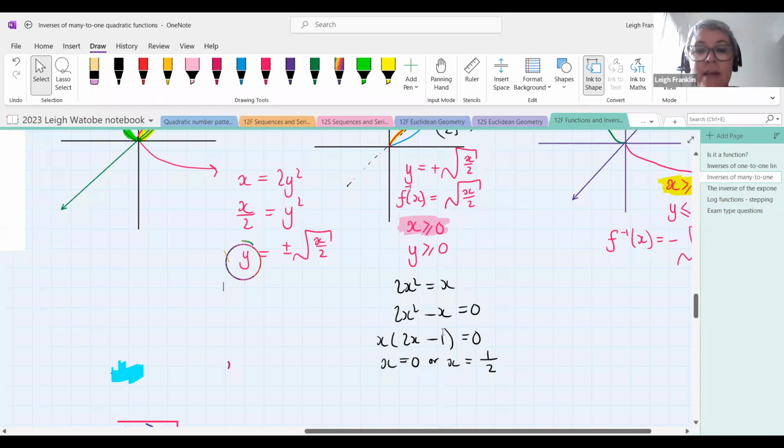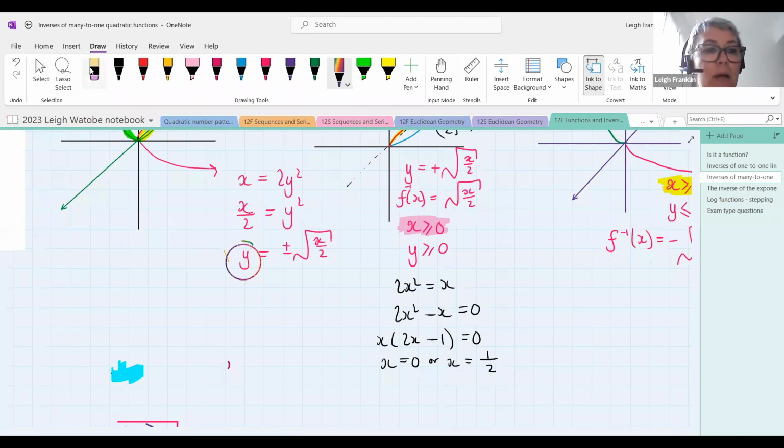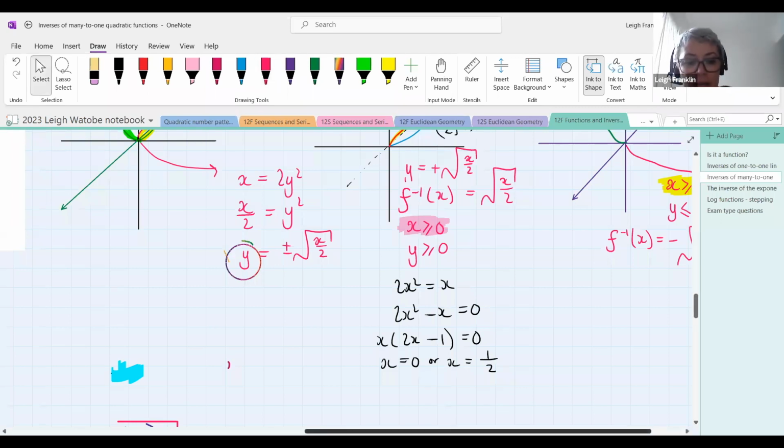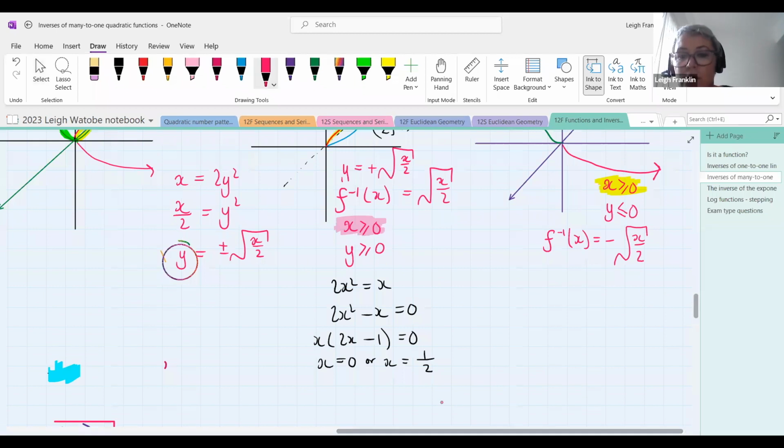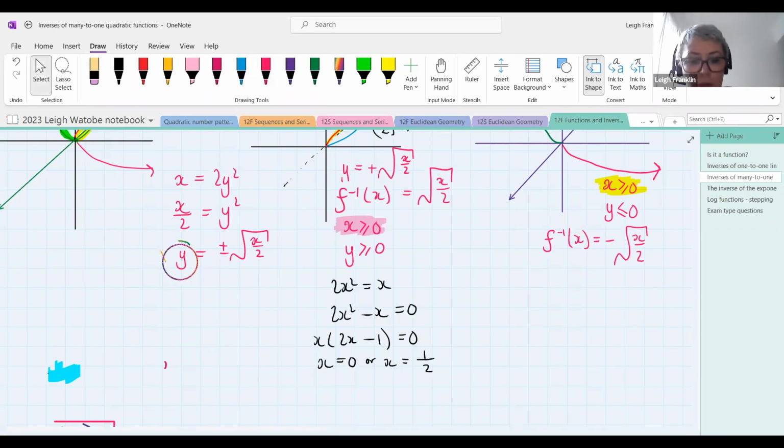As I have done here, this might be a little bit small, I'll write it again. So f to the -1 of x was equal to positive root x over 2, and as I had done over here as well, f to the -1 of x equals minus root x over 2.